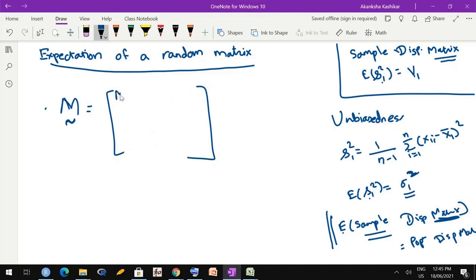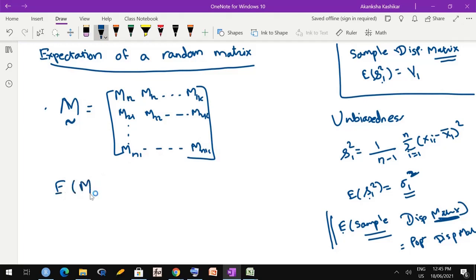So I have entries here M11, M12 up to say M1k, then M21, M22, M2k, and Mn1 up to say Mnk. Then expectation of the matrix M is again simple. It is defined as the matrix of expectations of the components.